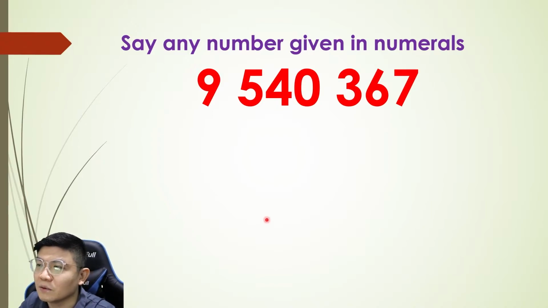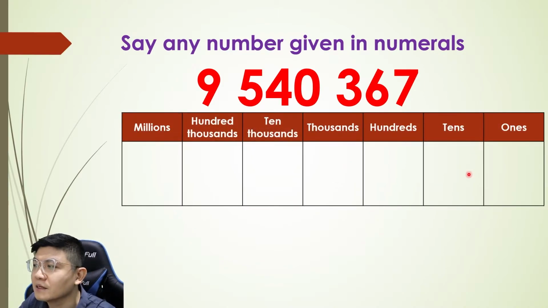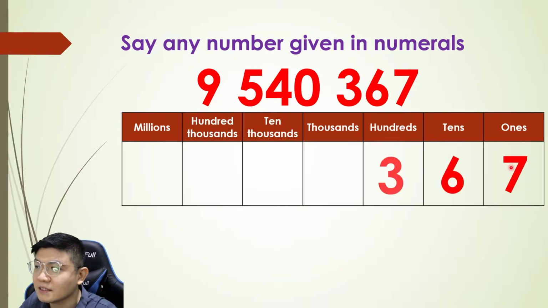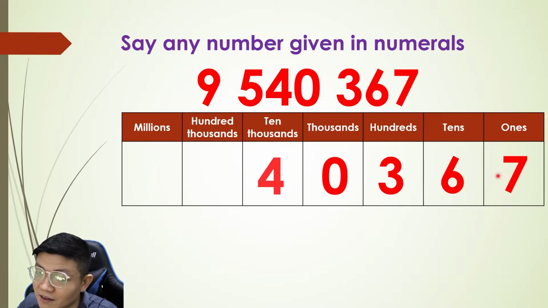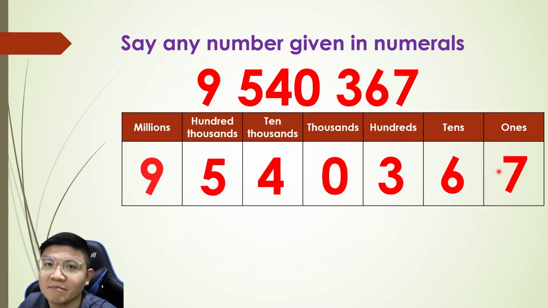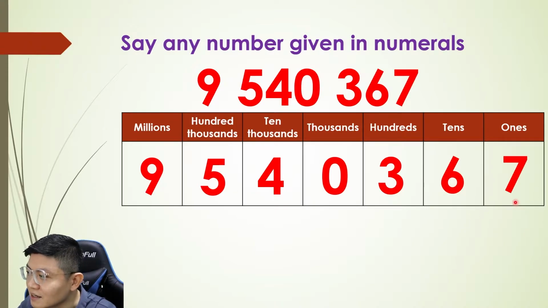9540367. Wow, teacher, this number is very big. Doesn't matter. You put in the place value first, starting from ones, tens, hundreds, thousands, 10,000s, 100,000s, and millions. Right. Now, millions. How many digits are there? 1, 2, 3, 4, 5, 6, 7.